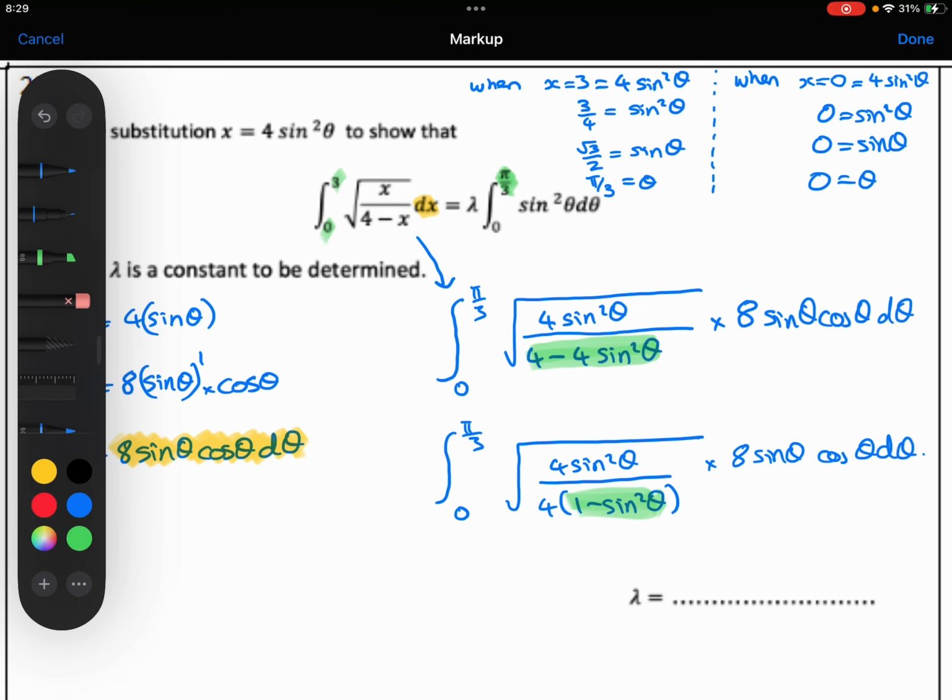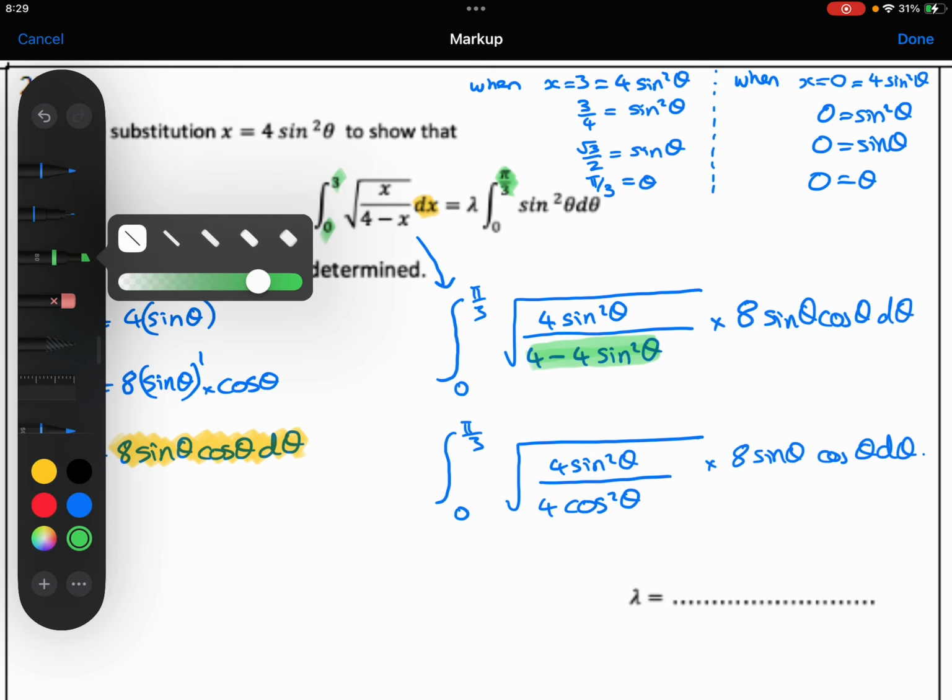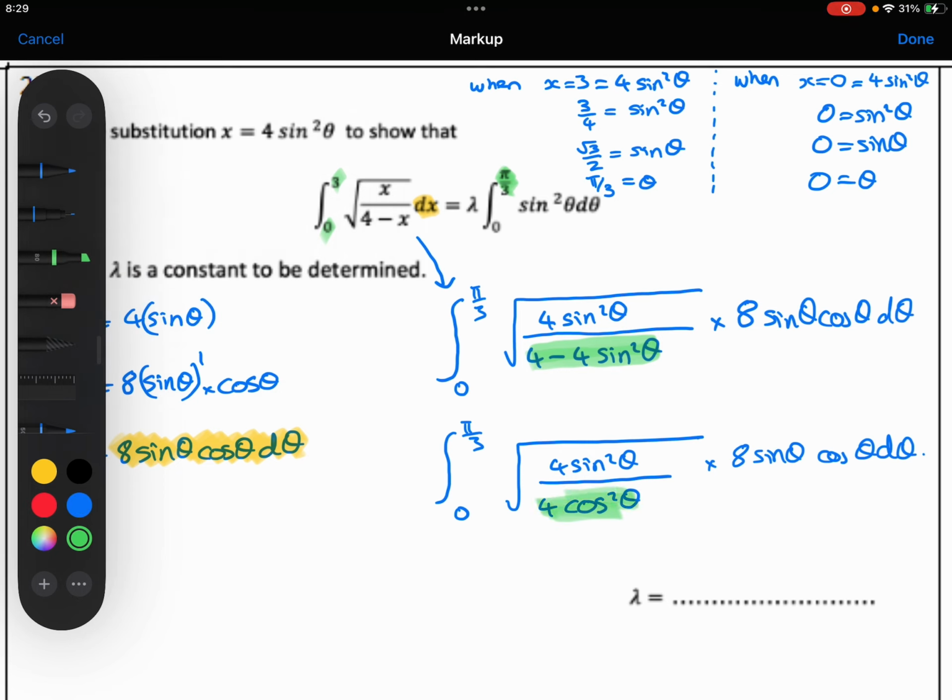So my denominator is going to turn to 4 cos squared. So just to repeat, that 4 minus 4 sine squared has turned into 4 cos squared. Which is helpful because these 4s are going to cancel out now.